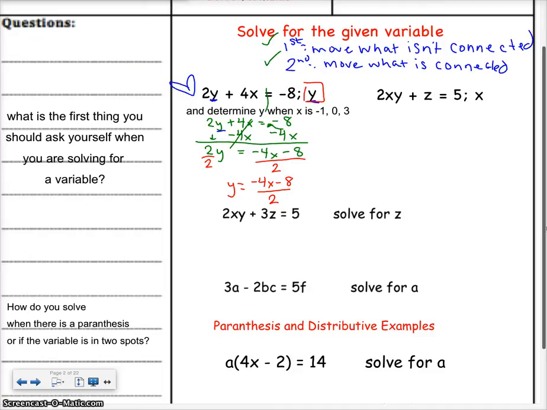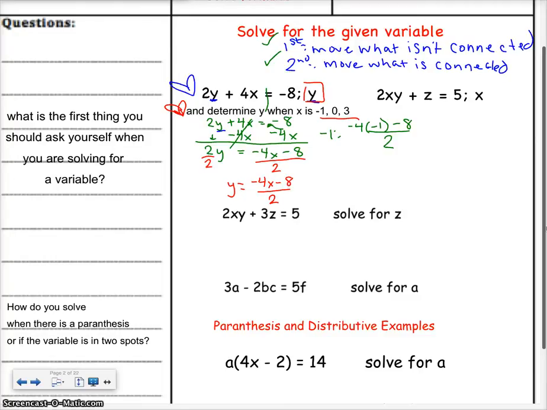What you're going to be asked to do today, though, is solve and then determine y when x has the following given values. I want to plug in for x negative 1, 0, and 3. Let me repeat what I'm doing here. It says solve for y and then determine y when x is the following values: negative 1, 0, 3.